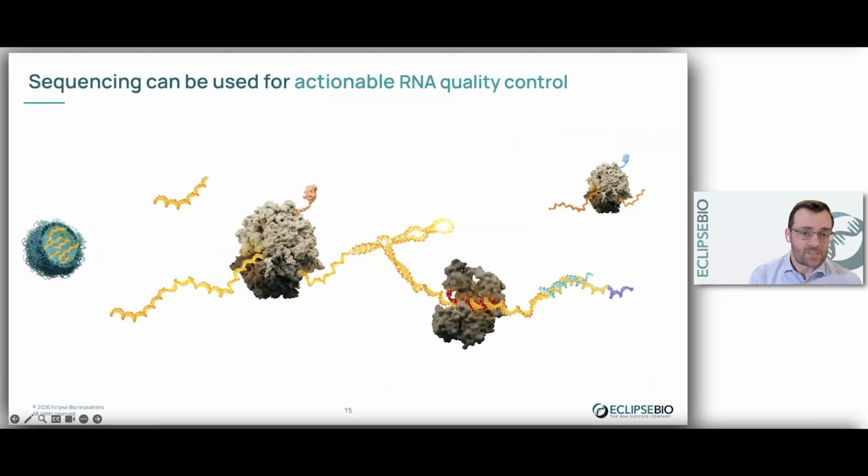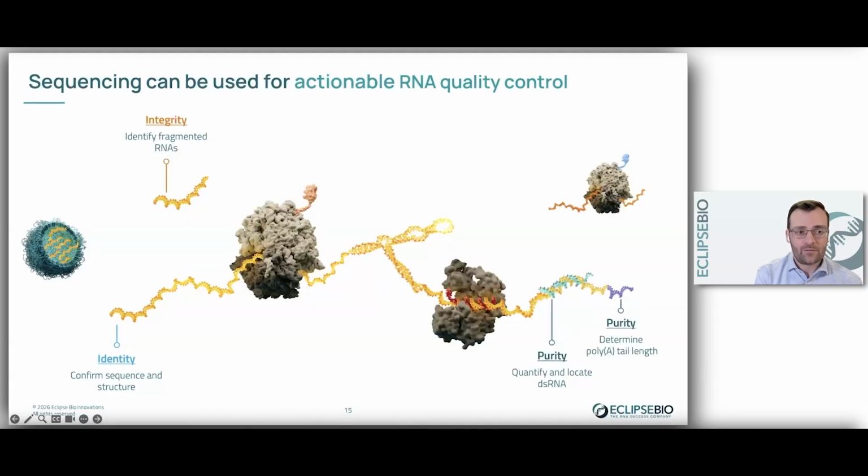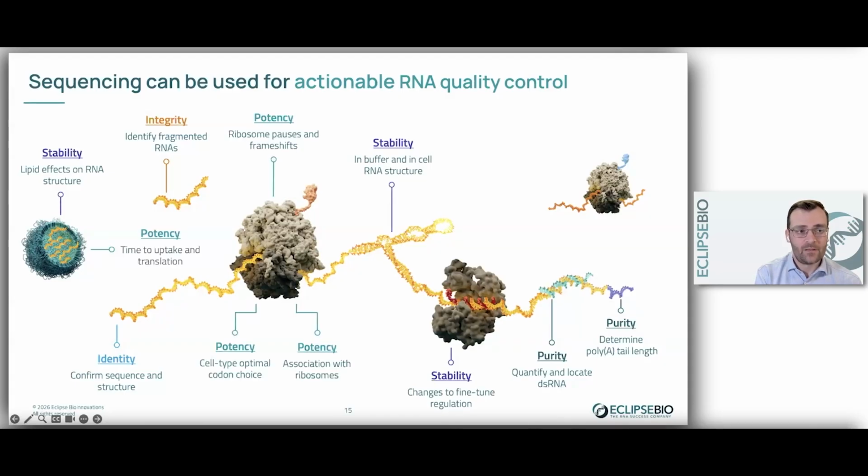And if we look at what sequencing can do in detail in relation to standard critical quality attributes for RNA therapeutics, we can actually see that sequencing addresses really the full spectrum. It can be used to look at the identity of an RNA, as I'll show in this presentation. Are there specific bases present that should be there? Also structural identity as well. Is it folding the same way each time? Integrity, does the RNA remain intact? It measures purity, stability from the drug substance to the drug product to within the cell.